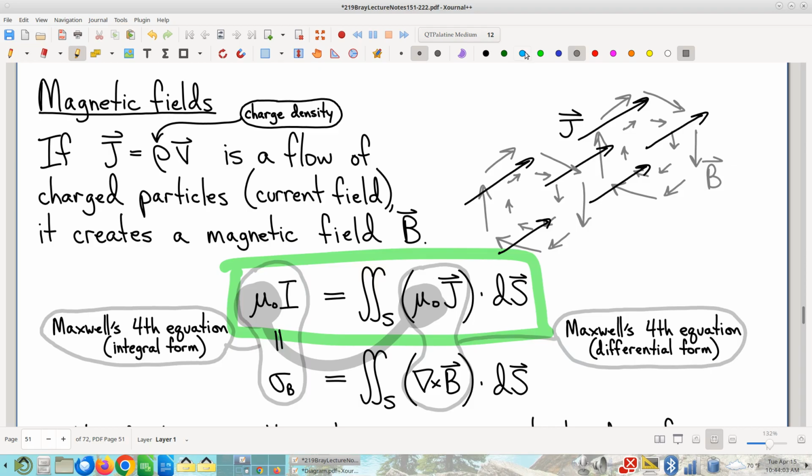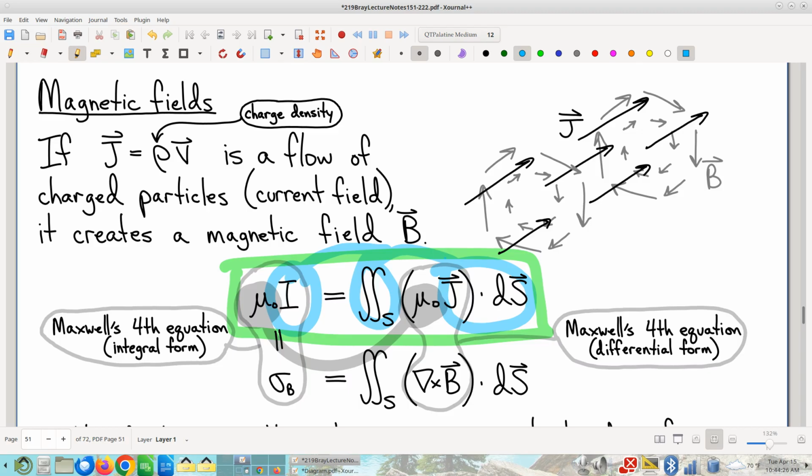All this first equation says basically is that current is the flux of the flow. Well, yeah, that's kind of the definition of flux. If you have a vector field representing a flow of a fluid, the definition of flux is the quantity of fluid per unit time passing through the surface. That was the whole point.